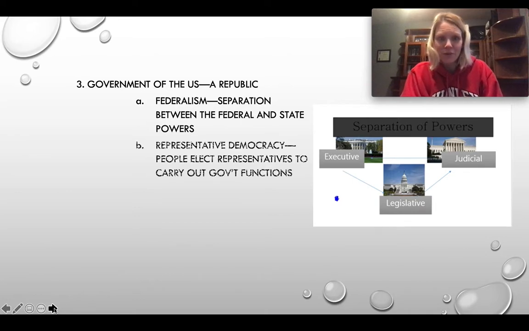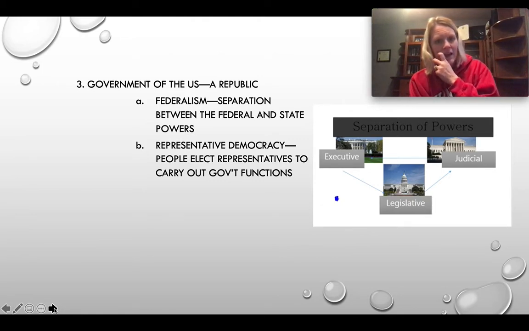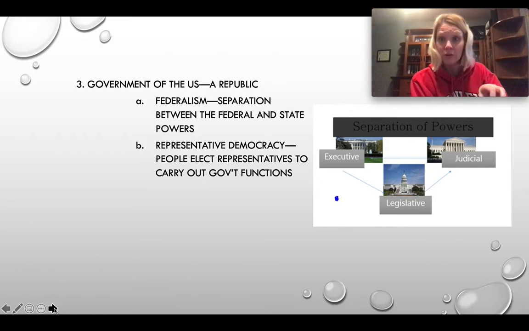And now we'll talk about the separation of powers. So not only do we have a federal republic, we also have what's called a representative democracy. And when I say a representative democracy, we've talked about this before, it's that somebody is going to represent you. We don't have a strict democracy, or what's called a direct democracy, because it wouldn't make sense for everybody of voting age, everybody over the age of 18, to go to either their state capital or their nation's capital, let's say Washington, D.C., or Bismarck, North Dakota, and legislate and make laws and take part in the government, because that just logistically wouldn't make sense.